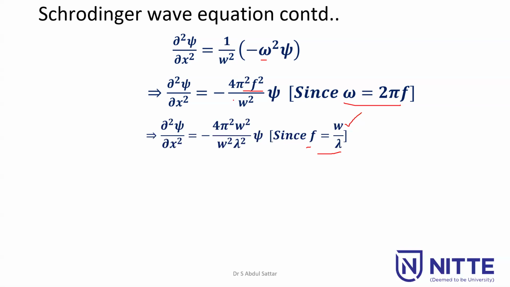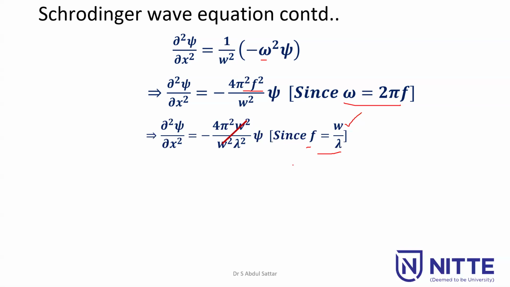Then this equation becomes 4π², f is w by λ, so w²/λ², and w² is already here, and ψ. So now these two cancel, so w² will cancel. Then the equation becomes ∂²ψ/∂x² = −4π²/λ² ψ.